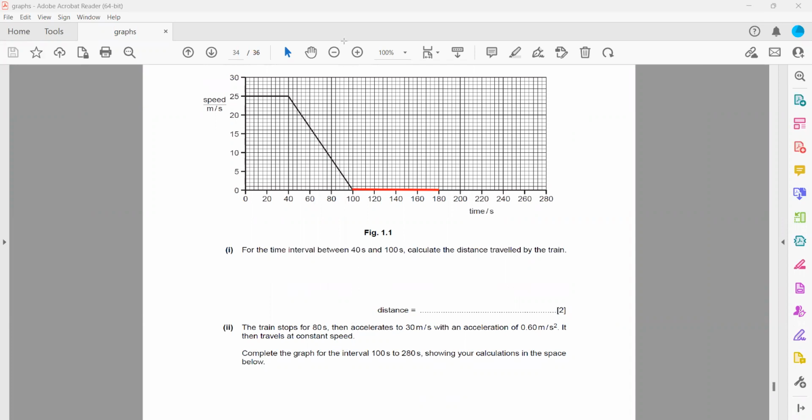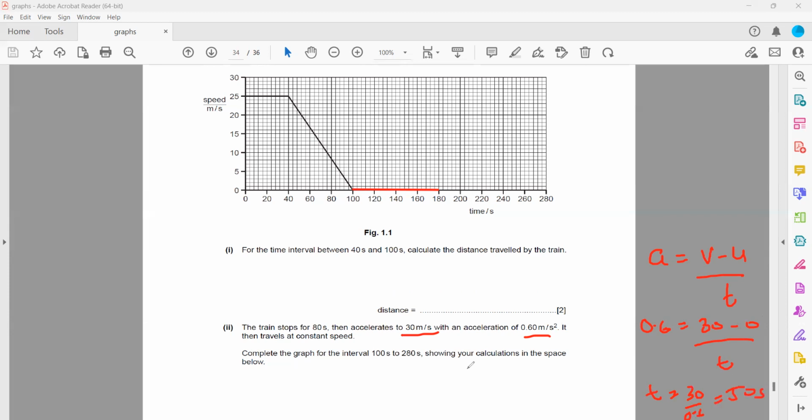First we need the time for how long it accelerated. It reaches a speed of 30 meters per second with an acceleration, but we don't know the time, so we use a formula to get the time. Acceleration is change in velocity divided by time. The acceleration of the train is 0.6, final speed is 30, initial speed is 0, and time we don't know. Cross multiply, so it will be 30 divided by 0.6, which is equal to 50 seconds.